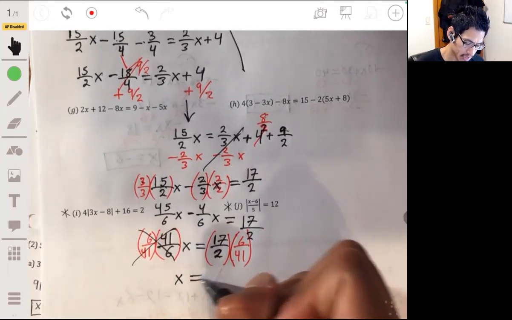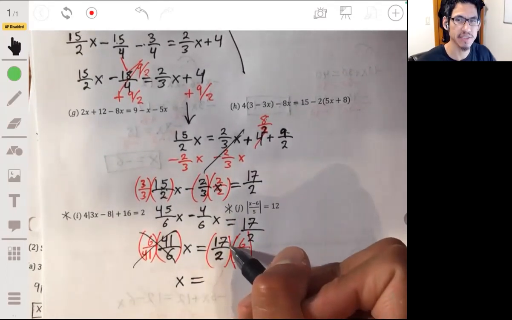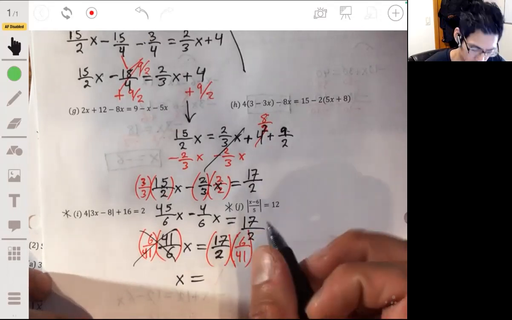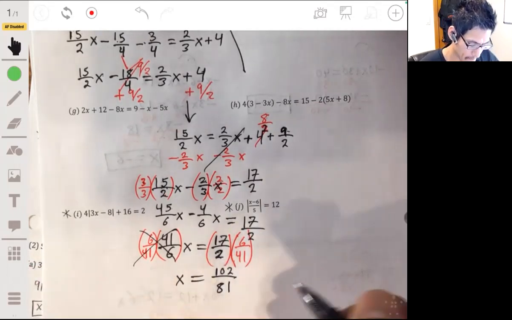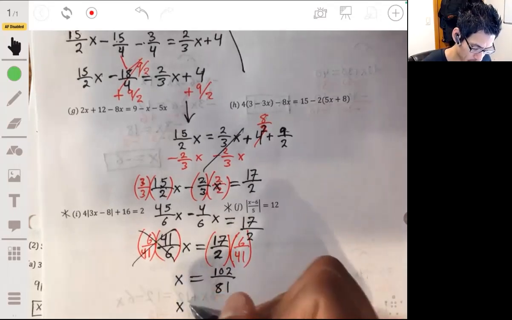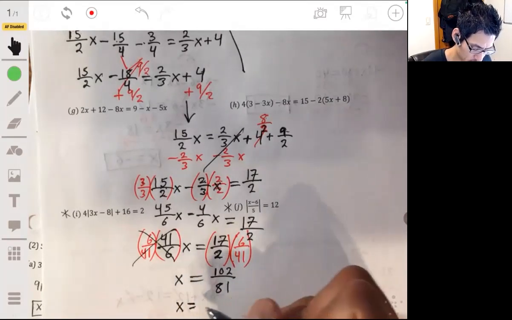And then we'll get x is 17 times 6, so it's 102/82, right? Which will just be 51.